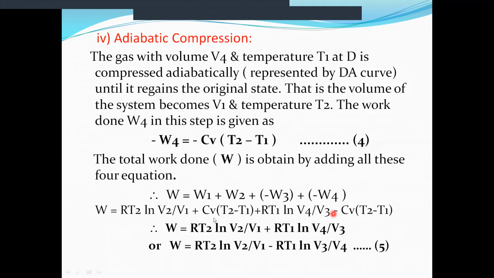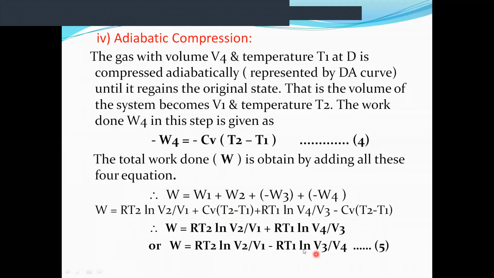So we have put the values of W1, W2, W3 and W4. Now solve this equation. Here is the plus term CV into T2 minus T1, and here minus CV into T2 minus T1, so these cancel.